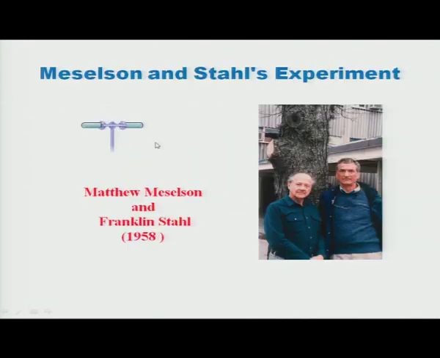Now, to solve the mystery of how the DNA gets replicated, by conservative or semi-conservative, the two scientists Matthew Meselson and Franklin Stahl in 1958 proved experimentally that DNA replication is the semi-conservative mode of replication.